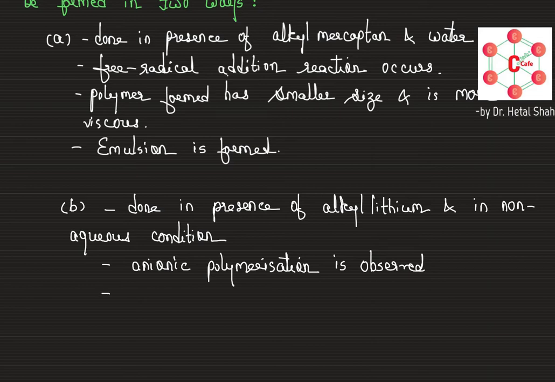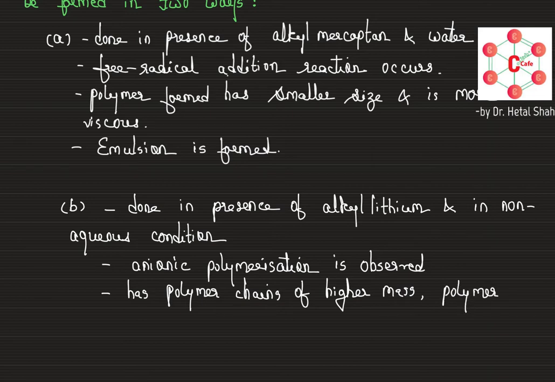Now this polymer has polymer chains of higher mass. The polymer is hard and less flexible.